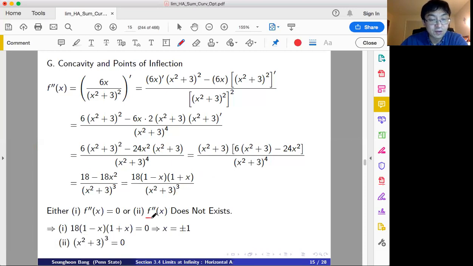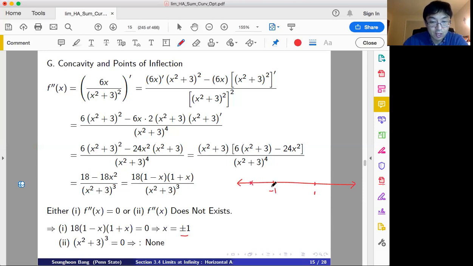The second derivative does not exist only when the bottom is equal to 0, so we don't have it. Next, you can draw a real line and plot the 2 points.